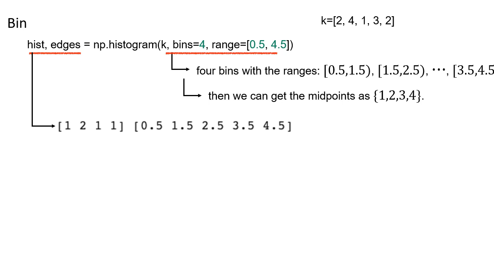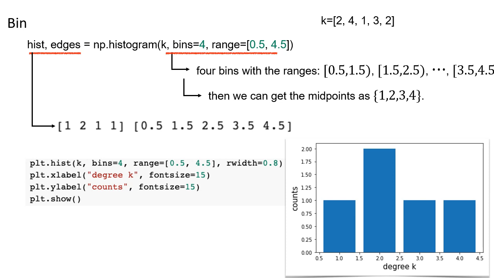Then in this range, the only value located in this bin is this one. So we have one in this range, 1.5 to 2.5. It is this one, and this one will be for this range. You can make a histogram, and here we use the k value as the middle of each range.